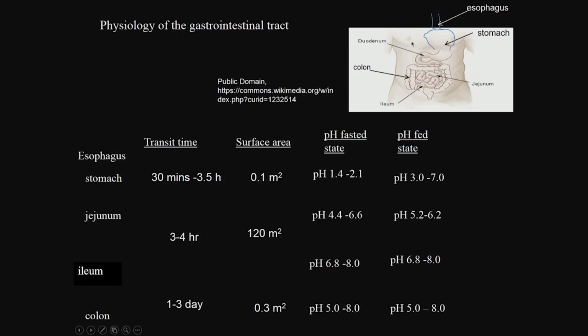Okay. So, each of these regions is very different, the transit times are very different, the pH conditions are different, and the stomach pH can change from very acidic to almost higher values depending upon whether it is fasted or unfasted. So, the drug absorption can be very different in each region.